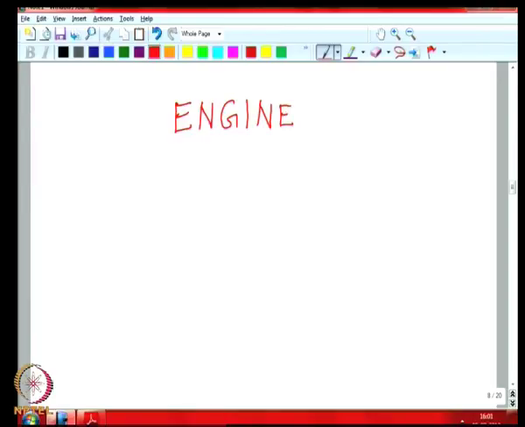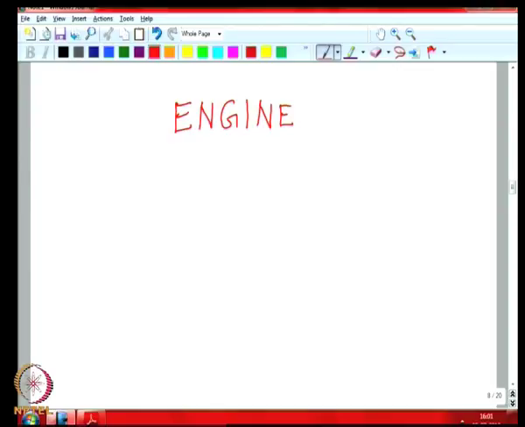Four of the letters. There are 6 letters here, and you have to pick any 4 letters you like from this, and then you want to permute them, arrange them in various ways, order them in various ways.